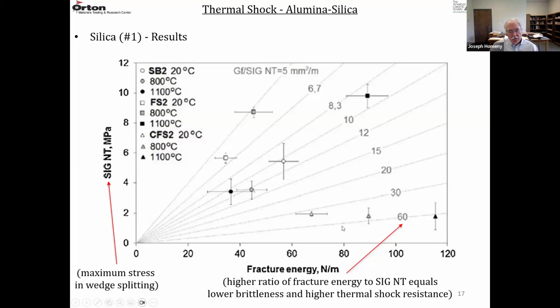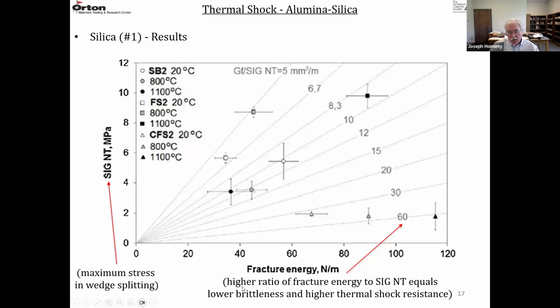So they also took the ratio here. GF is the fracture surface energy in the wedge splitting experiment. So it's this fracture surface energy divided by the maximum stress in the wedge splitting experiment. So they're just taking this value, dividing it by this value, and they're putting these lines of constant ratio from about 5 to 60 on this graph.